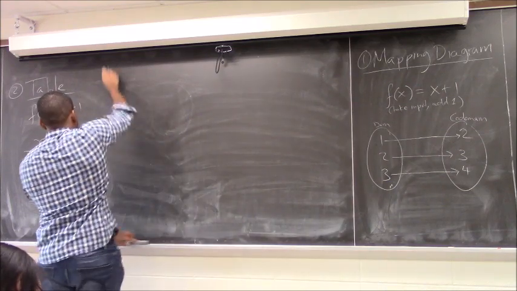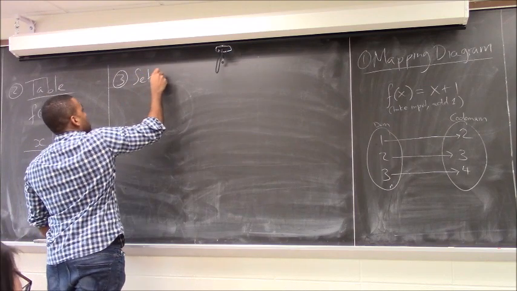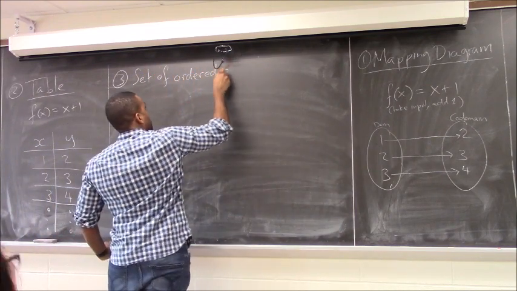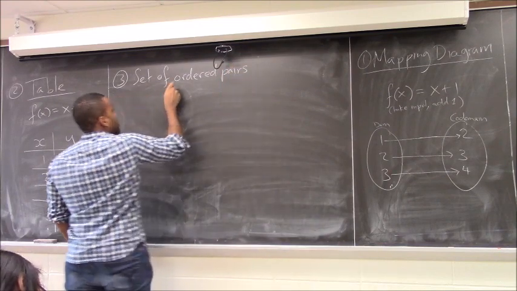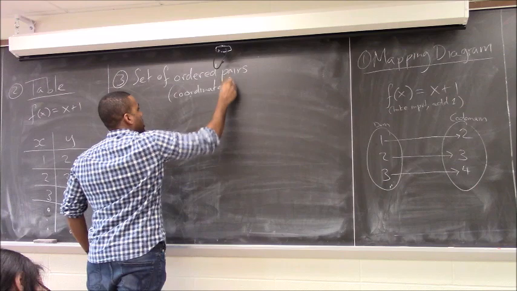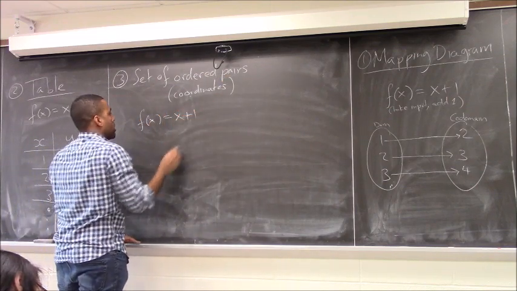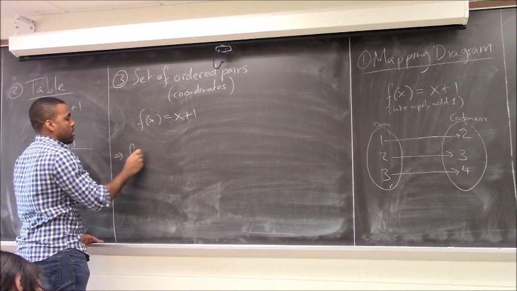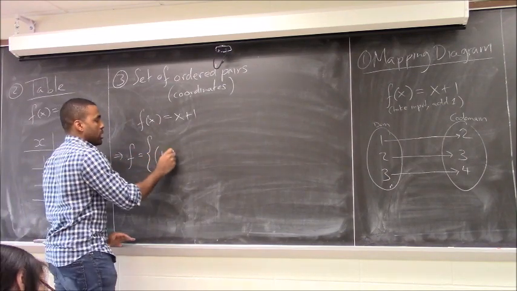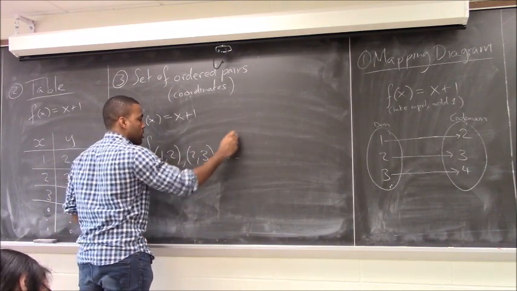Another way you can represent a function is a set of ordered pairs. Ordered pairs is a fancy name for coordinates. So if I have f of x equals x plus 1, I can write that to say f is, and I can write a set. If I have 1, it connects to 2. If I have 2, it connects to 3, and so on. Right?